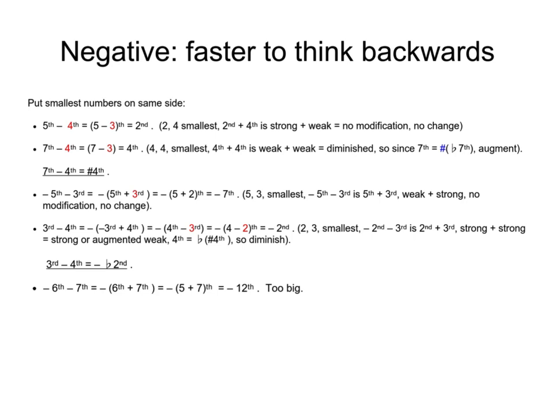If it was augmented, we would need to adjust the interval. If we had an augmented fifth, we'd have to augment the second or the fourth in order to get that augmented fifth. In the second example, the smallest numbers we see are 2/4. Gather them on the same side, you get fourth plus fourth. That's a weak plus weak, which gives us a diminished interval. Since the seventh is not diminished, it is that diminished seventh interval augmented.